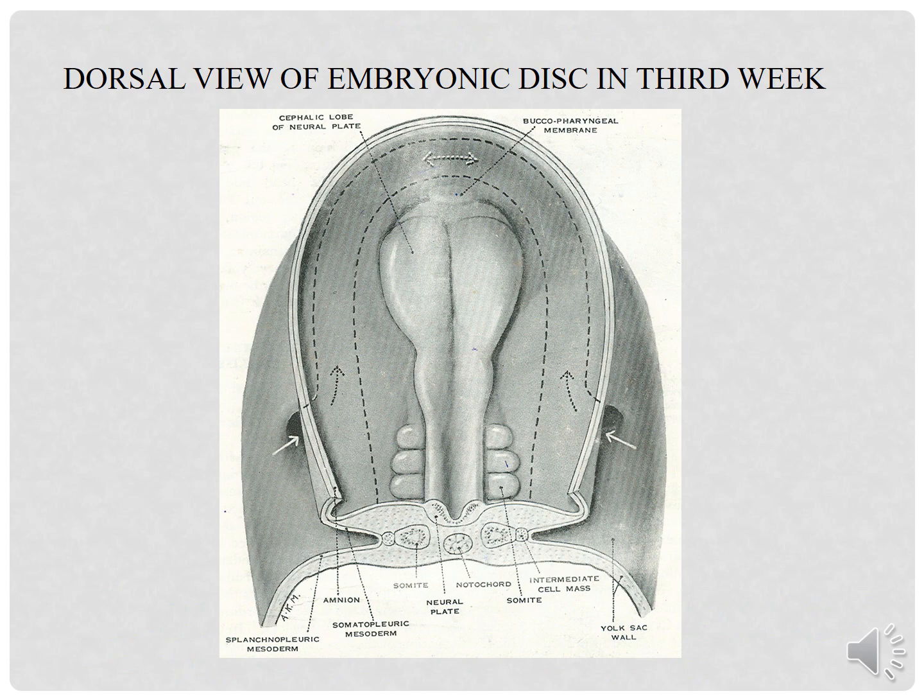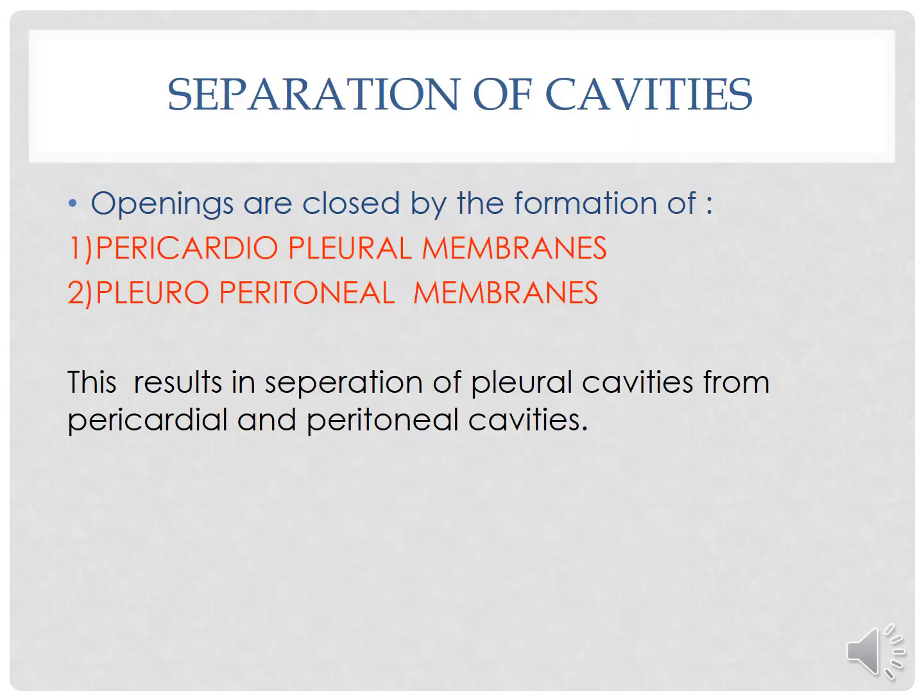This is the dorsal view of the embryonic disc in the third week, that is before the folding of the embryo. Here with the dotted lines we can see the intraembryonic coelom, and the white colored arrow indicates the communication of the extraembryonic coelom with the intraembryonic coelom. We can also see the splitting of the mesoderm because of the intraembryonic coelom into two layers, the somatopleuric mesoderm and the splanchnopleuric mesoderm.